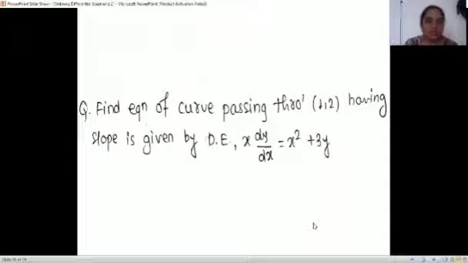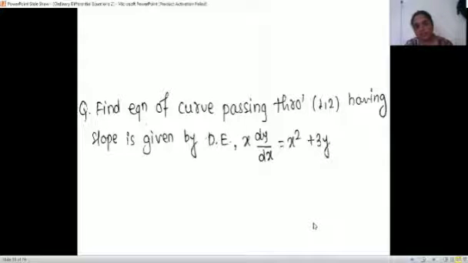Okay, now the question. Find the equation of the curve passing through 1, 2 having slope given by the differential equation x dy by dx is equal to x square plus 3y. You have to solve this equation. Solve it.